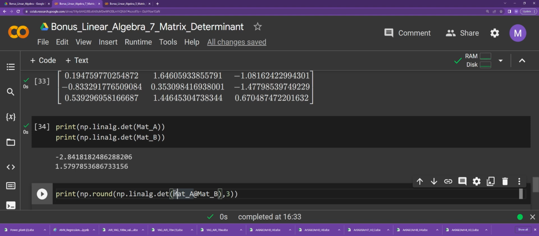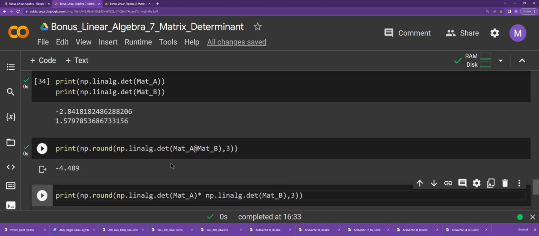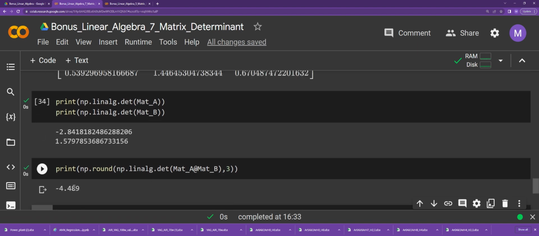Okay, now look at this. I'm doing np.round just for visualization, so that we don't see all these zeros and everything. So if I do a dot product of the two matrices, A and B, and this 3 basically means round the output to 3 digits. Let's see what we get. It definitely is not equal to either of the individual determinants of A or B. So it's a different number.